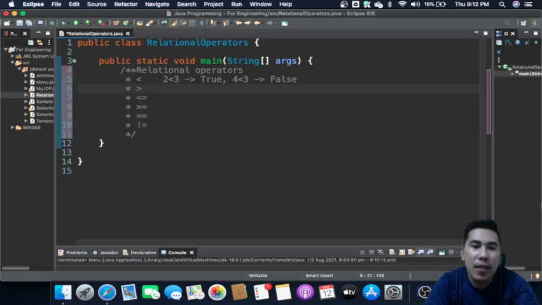Then another example, for greater than: let's interchange 3 and 2. 3 is greater than 2, so this is true. And then 3 is greater than 4, and you have false, because 3 is less than 4, it's not greater than 4.